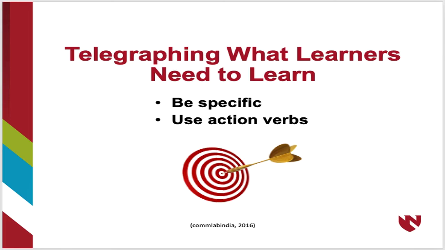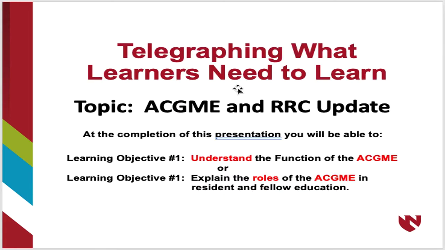So let's look at some examples. Let's look at this presentation that you're giving on ACGME, which is the Accreditation Council for Graduate Medical Education, and an RRC update, where RRC is the Residency Review Committee. So you're supposed to present something to the Academic Council, and you're writing objectives for what you're trying to achieve when presenting to them.